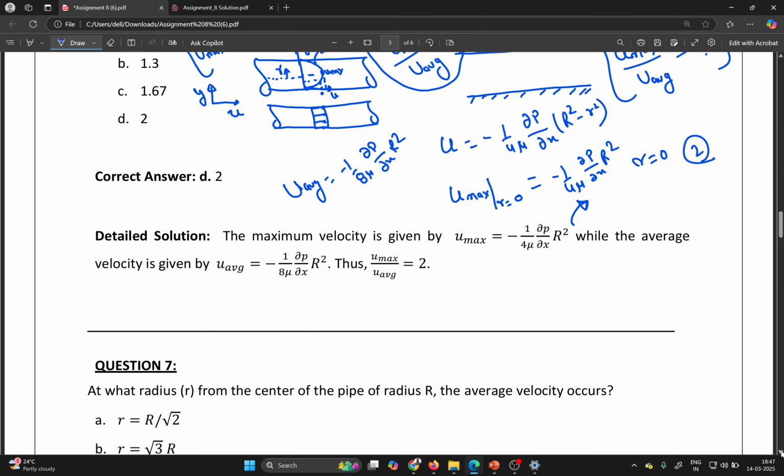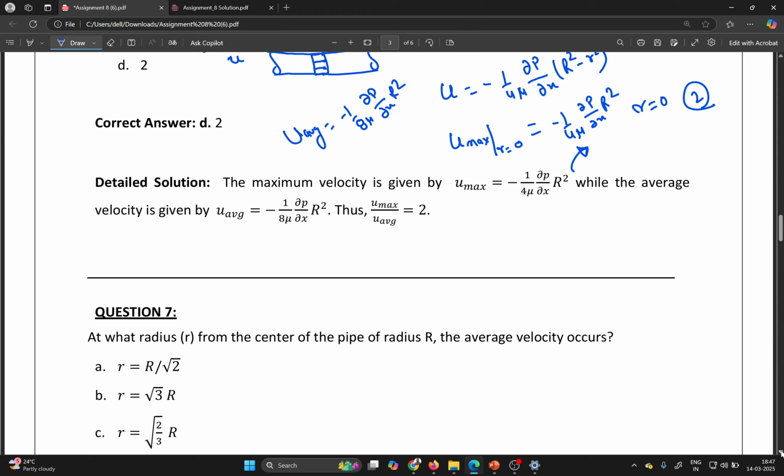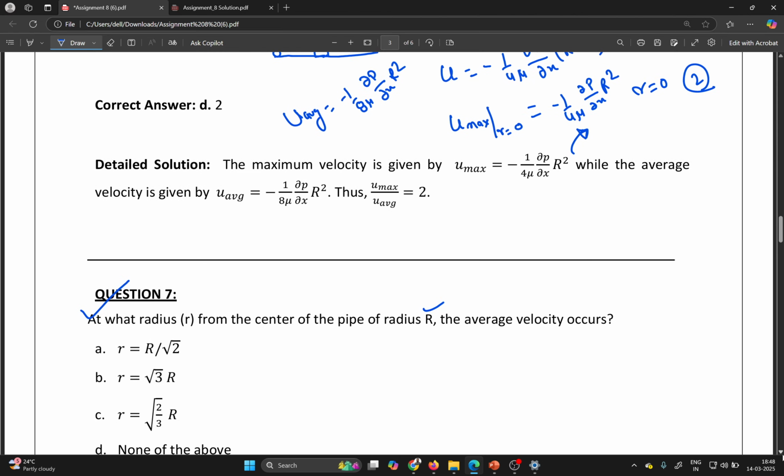Next question is question number 7. Yes, an important question. At what radius from the center of the pipe of radius R does the average velocity occur? Means the question is, option D will be none of the above.